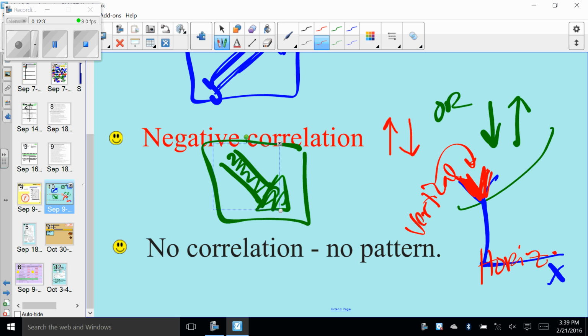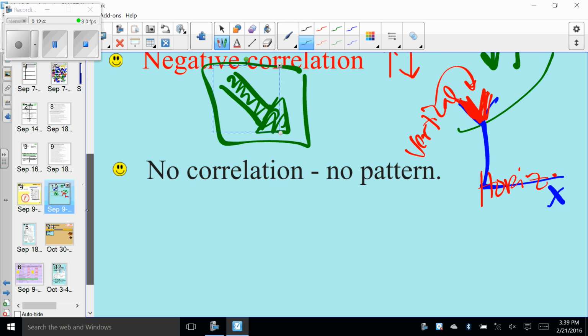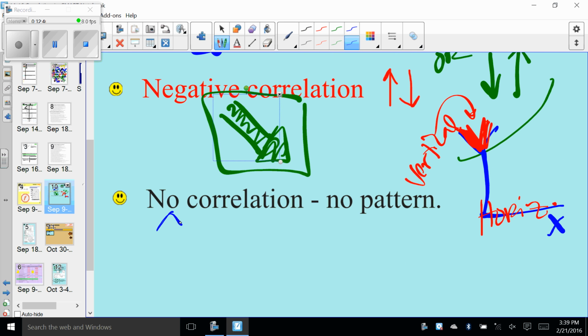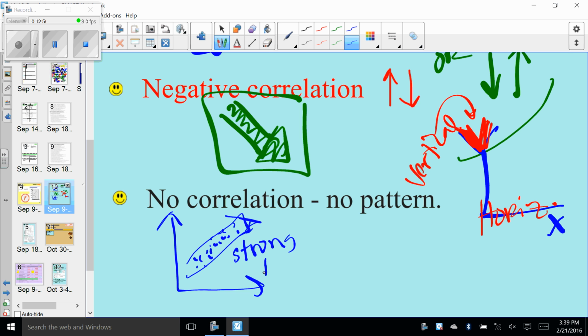So our other thing that I would like to have in the summary is that there's something called strong correlation and weak correlation. We didn't talk about this a lot in the lesson, but if the points are super, super tight, obviously this is a positive. Points are super tight, we would say that this is a strong correlation. Tight points, it has strong correlation.